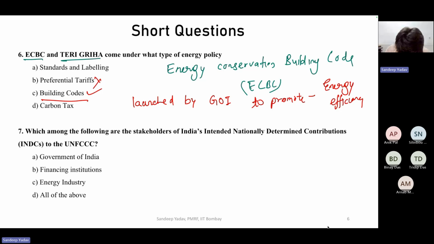So according to you, who are the stakeholders? All of them are correct. So as we can see, Government of India, financing institutions, and the energy industry. All of the above should be the correct answer.